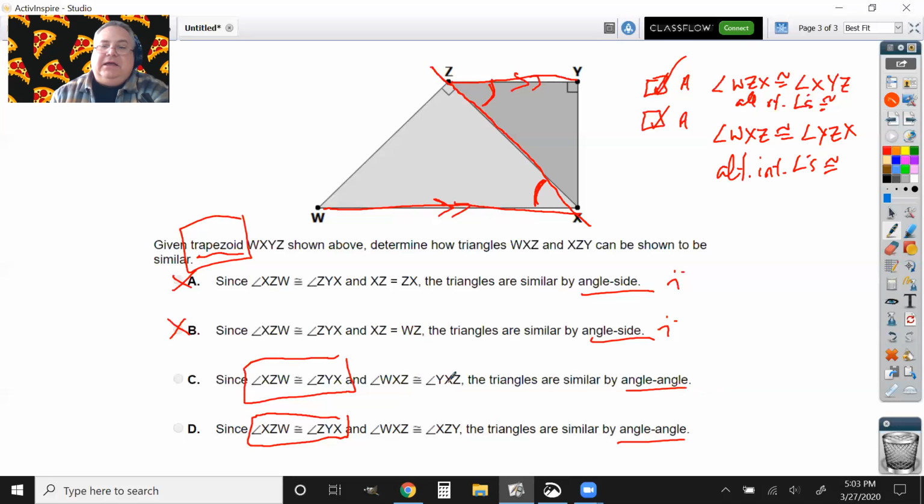WXZ, YXZ. Oh, the X is wrong. This is out. XZY. See how the Z in the middle and the X in the middle are the correct ones? So I know that the answer has to be D because that's eliminated. The only way to do that is to have an X and a Z in the middle, and these are the only two that had that. So we can now say triangle WXZ is similar to triangle XZY by angle-angle similarity.